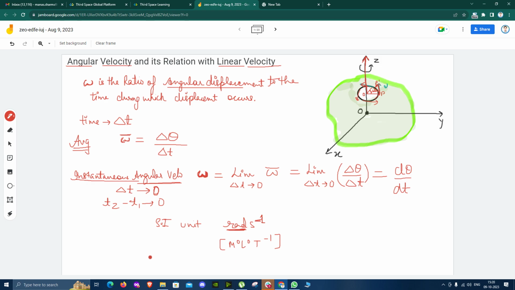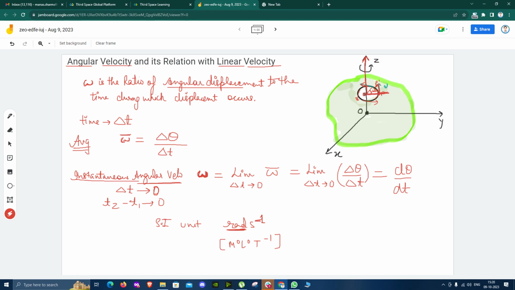Now it can be positive or negative. Let's understand that angular velocity can be positive or negative depending on the direction in which the body is rotating. It's very important. In this case, the body was rotating anti-clockwise, so the direction was up. In this case, omega will be positive. For anti-clockwise direction, the body is rotating in the direction of increasing theta.